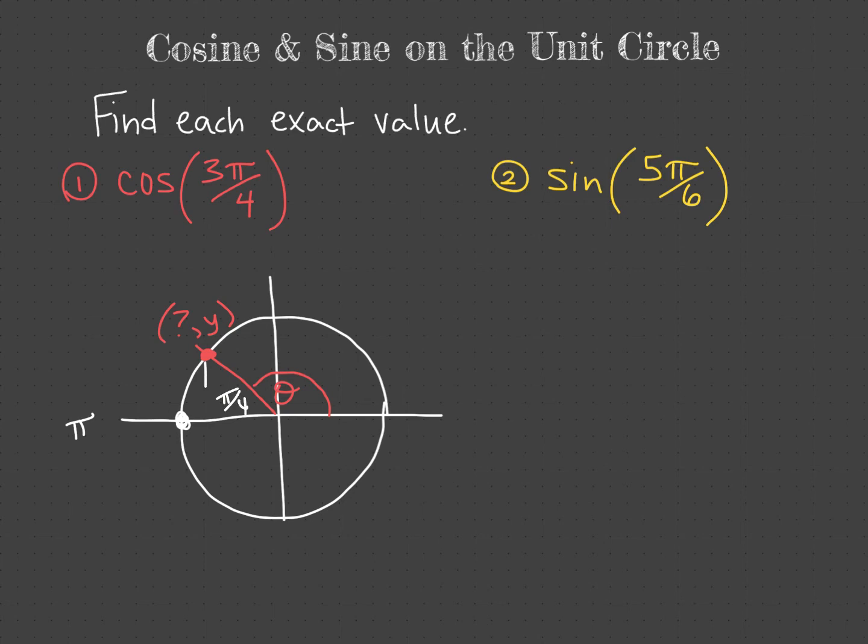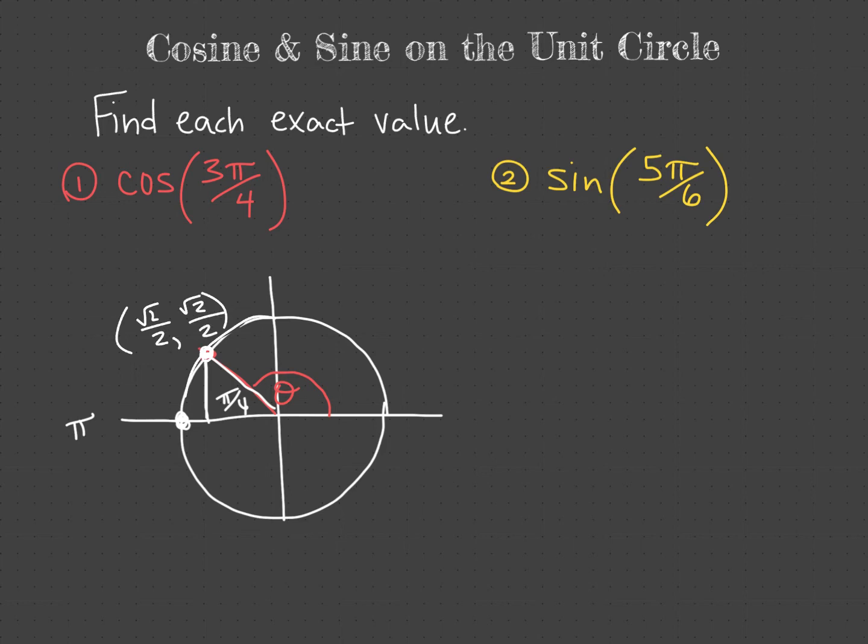And if we think about that, we have a pi over 4, 90 triangle. And using what we found in this video, we know that the x-coordinate and the y-coordinate are both root 2 over 2. Now, we do not know whether it's positive or negative, so we just know root 2 over 2 and root 2 over 2.